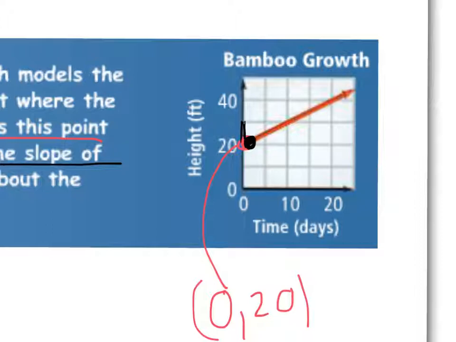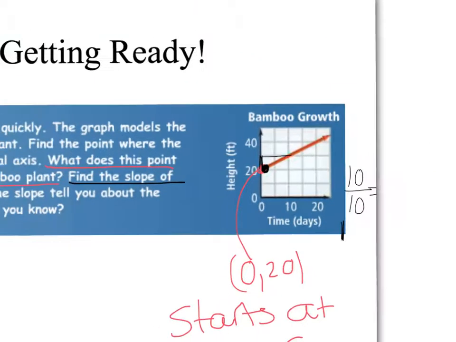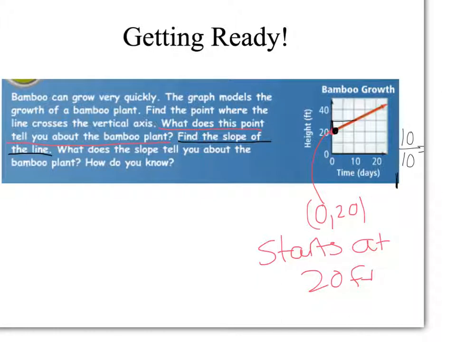So it looks like we went up 10, rise 10, and then run 10. So 10 over 10 equals 1. So what that 1 represents is that it's going up 1 foot per, and then the x-axis would be days. So 1 foot per day. So it's starting at 20 feet, and then it's going up 1 foot per day.